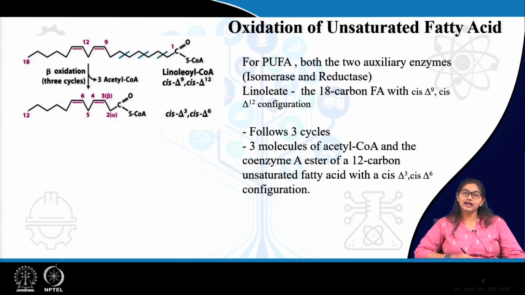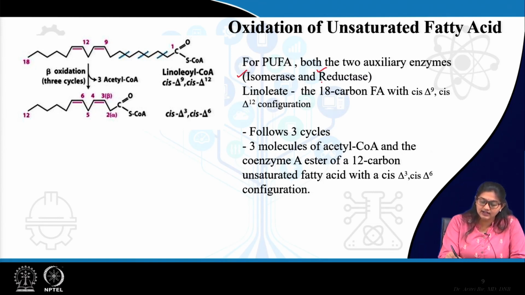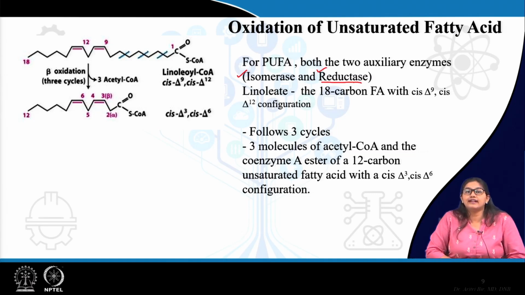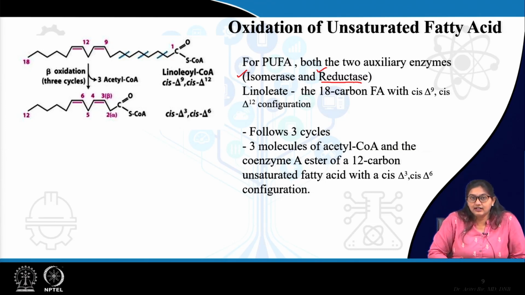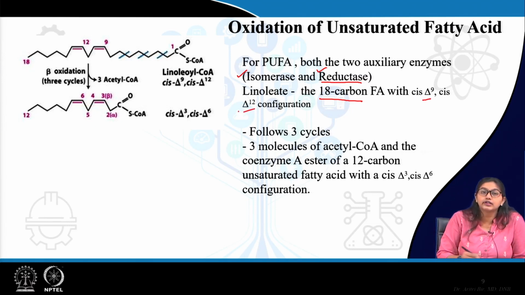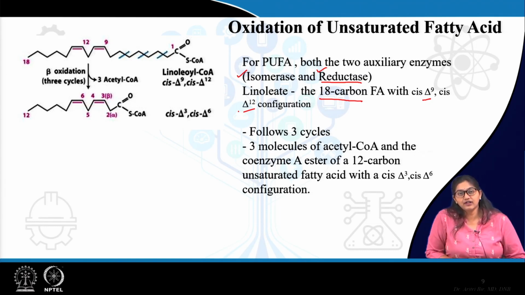Now, this is about mono unsaturated fatty acid. What happens to the polyunsaturated fatty acid? There we need another auxiliary enzyme apart from isomerase, that is reductase. Again, one such polyunsaturated fatty acid is linoleic acid. Linoleic acid is an 18 carbon long fatty acid where there are 2 double bonds, one between C9 and C10, another between carbon 12 and 13. So, there is a delta 9, delta 12 configuration in linoleic acid. Both double bonds are in cis configuration.